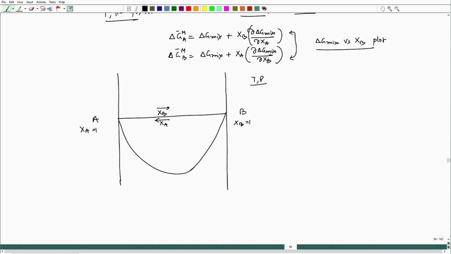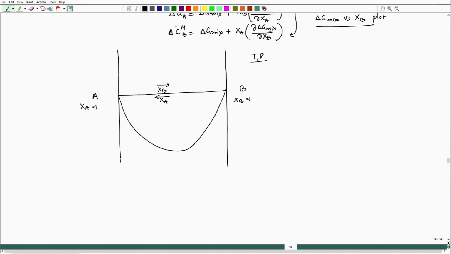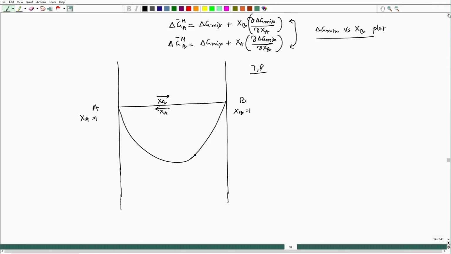Now, let us say I want to find out at this point what will be these two partial quantities. So, let us say I have taken this composition, this is the composition I have taken, and let me just draw a tangent at that point over that particular curve.